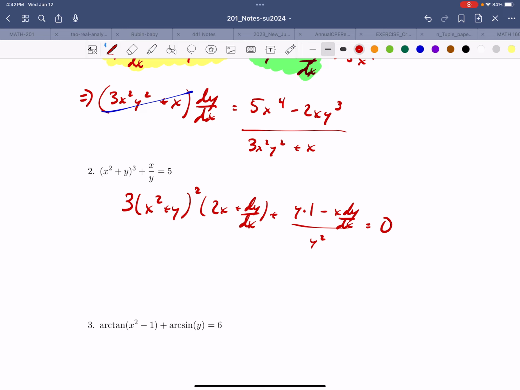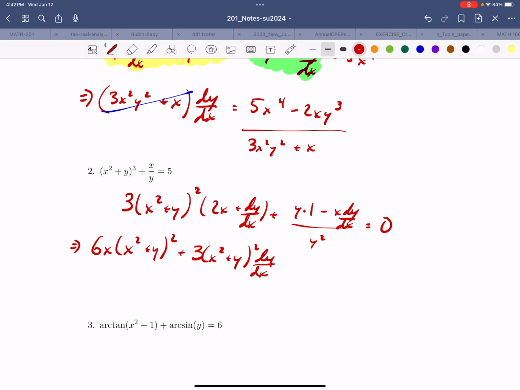All right, so when we do this out, we're just going to distribute this and this. Right, we're going to wind up getting 6x times x squared plus y quantity squared plus 3x squared plus y quantity squared dy over dx.